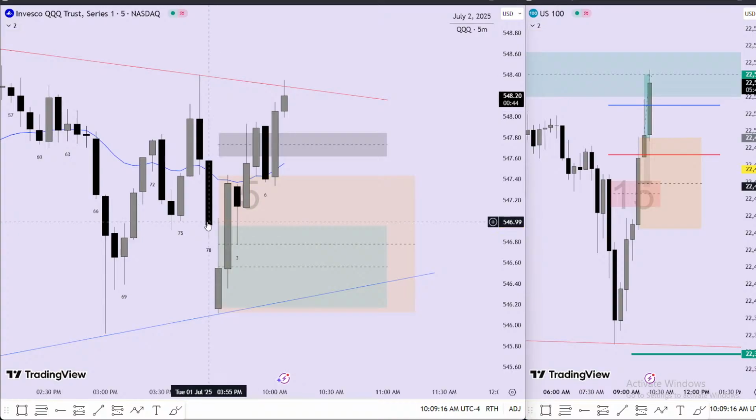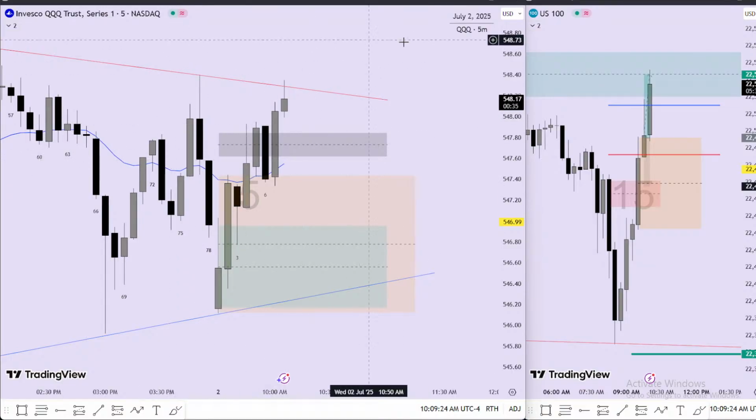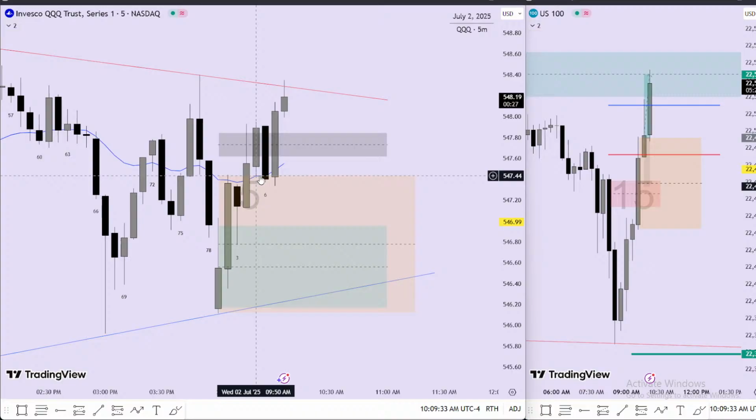Stop order bulls are making money. This is a stop order market as for now and always in. We came always in right around this point.